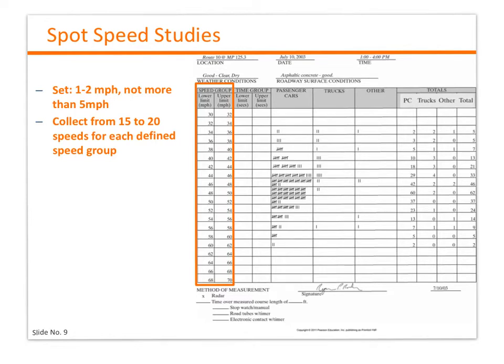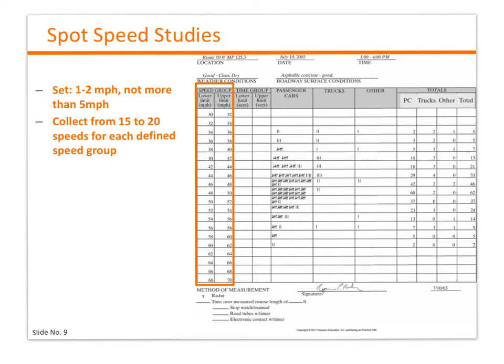Typically we set it at 1 to 2 miles, not more than 5 miles. For example, here the lower limit is 30 and the upper limit is 32. So I will be interested to see how many cars and trucks are traveling from 30 to 32, and then from 32 to 34, 34 to 36, and so on until you reach 68 to 70.